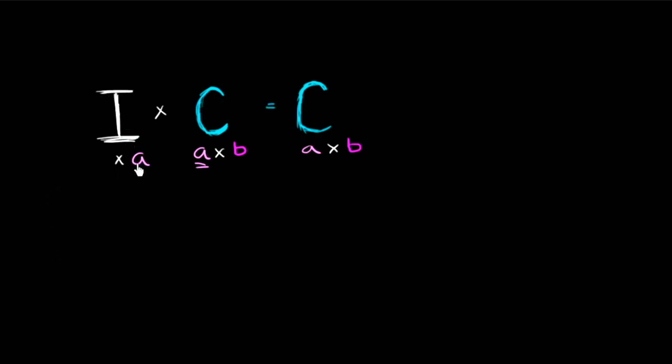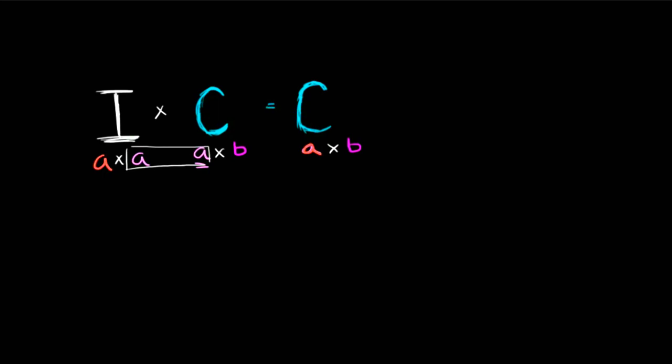We know the product gets its number of rows from the number of rows of the first matrix being multiplied. So if the product has A rows, then the identity matrix right over here has to have A rows.